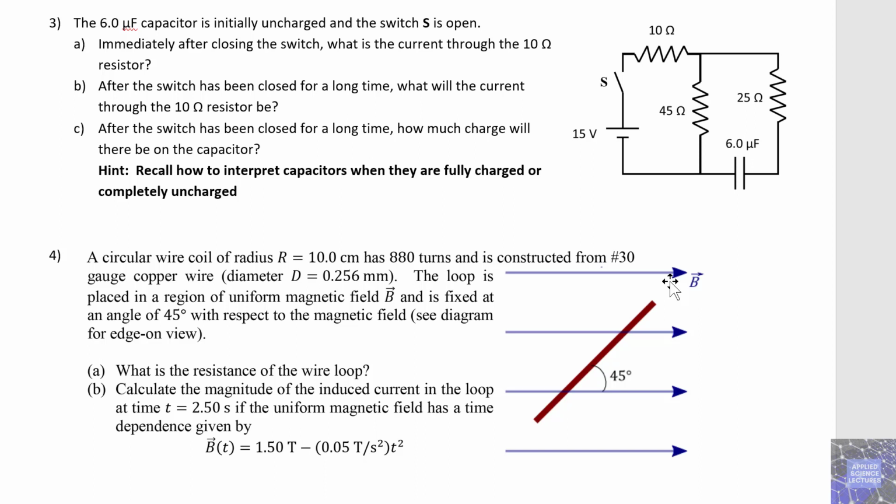The loop is placed in a region of uniform magnetic field and is fixed at an angle of 45 degrees with respect to the magnetic field as shown in the diagram. What is the resistance of the wire loop? A. And then B. Calculate the magnitude of the induced current in the loop at time equals 2.5 seconds if the uniform magnetic field has a time dependence given by 1.5 minus 0.05 t squared.